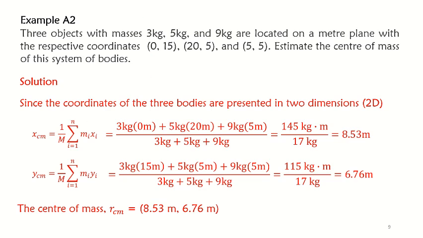So remember we said our m1 is 3 kg. So you have m1 3 kg, x1 0, that's 0 meters.